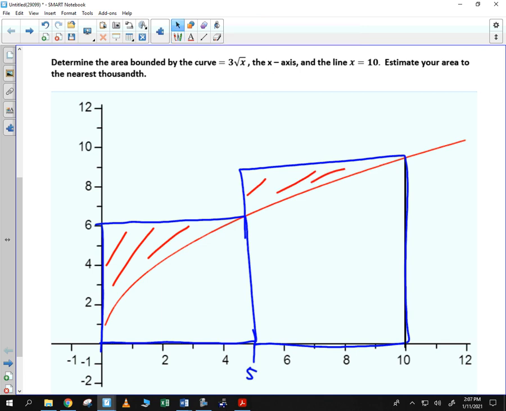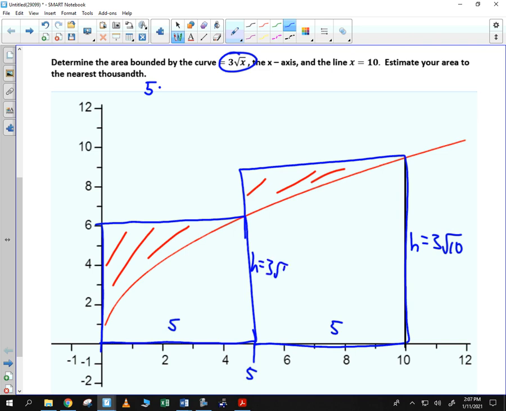As we calculate the area, you can see that the width is 5, and we would multiply that by the height. So 5 is the base, and then I need the height. And here, how do we determine the height? Well, we use our function. So the height is 3 roots of 10. And here, the height is equal to 3 roots of 5.